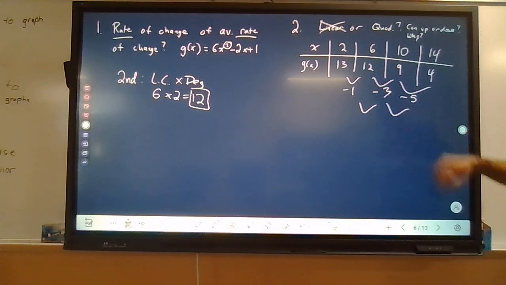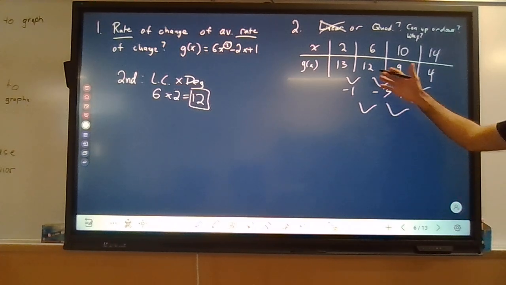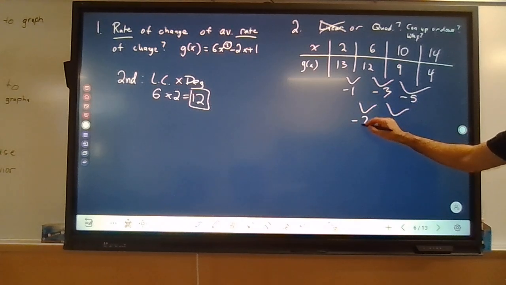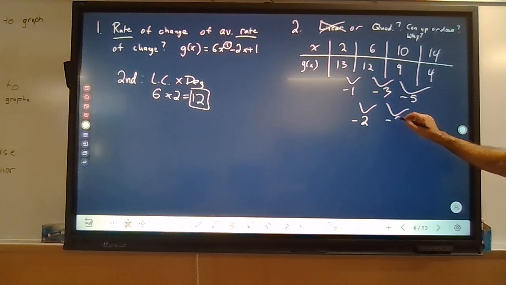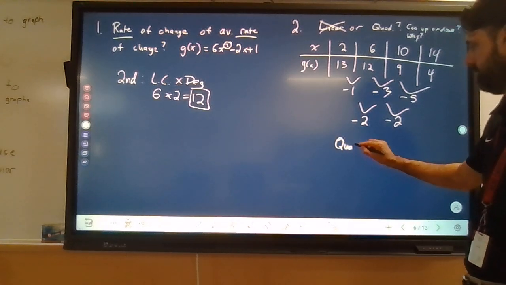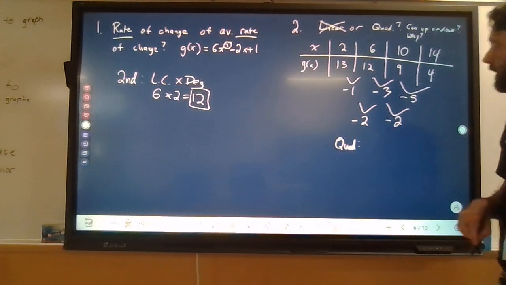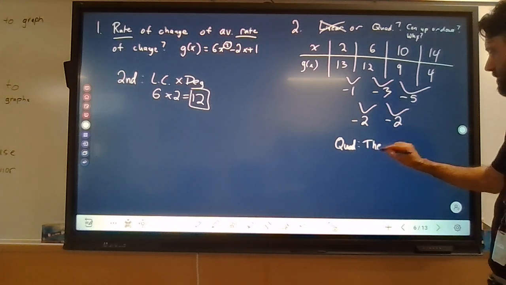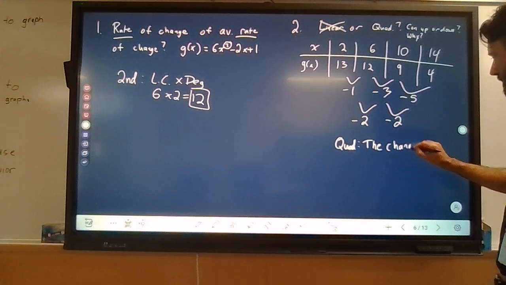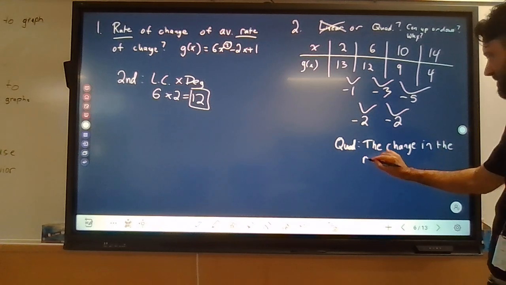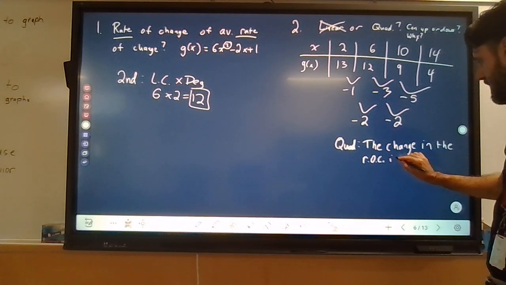Okay. The next rate of change, or the next difference here, we're going to have to get from -1 to -3, we would subtract 2, and then subtract another 2. And so this tells us that the function is quadratic. And the reason would be something like the change in the rate of change is constant.